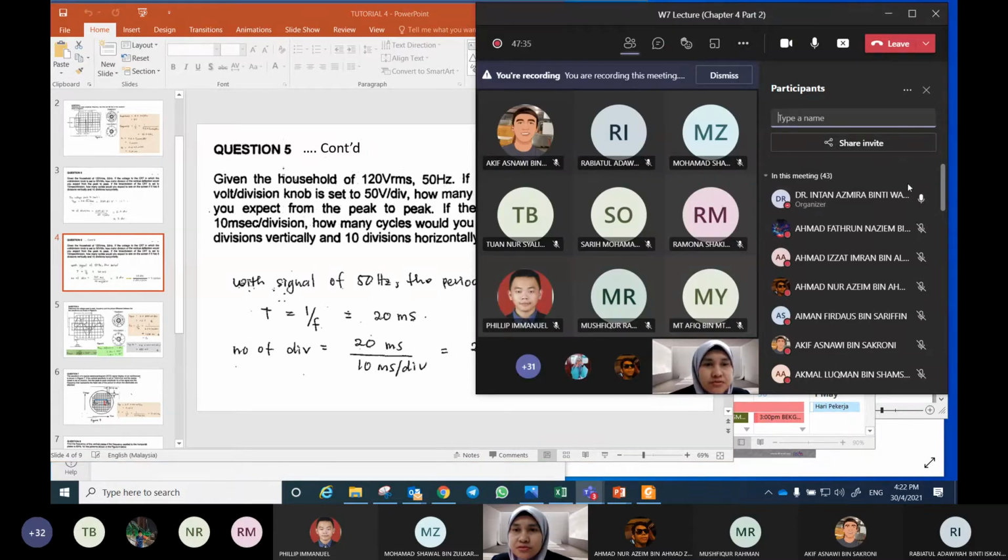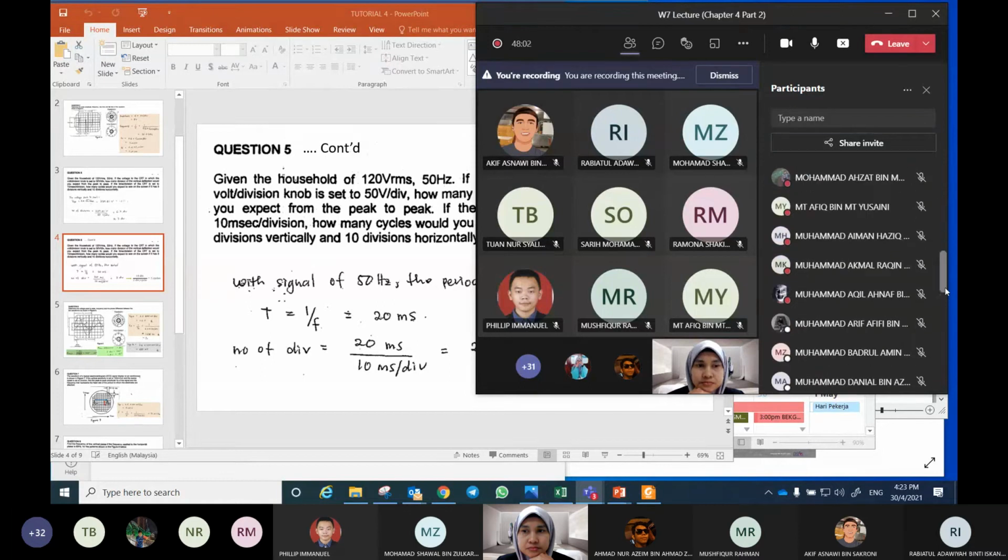Rabia to Adabia, want to try? Masih lukis lagi. Just sketch, okay? Sketch. When you sketch, okay, so make sure you put the label. Sareh?